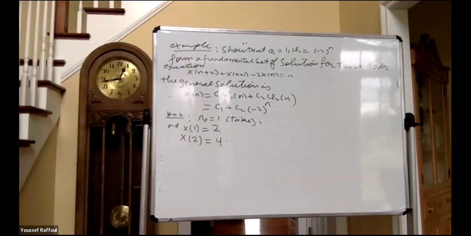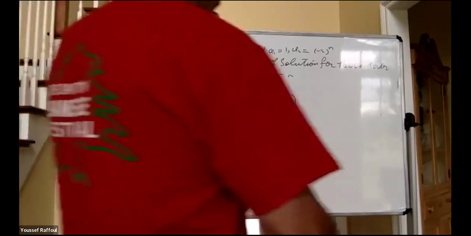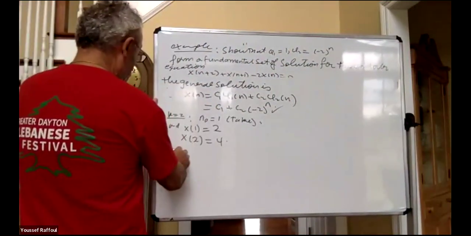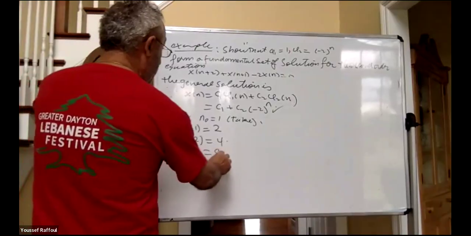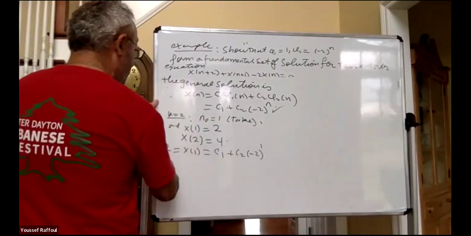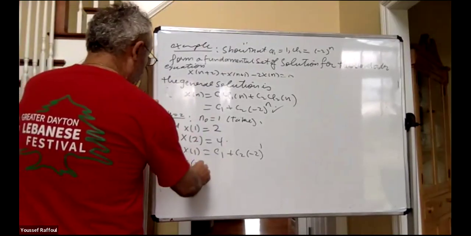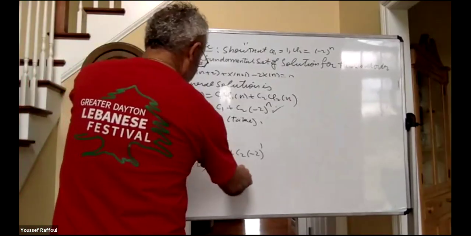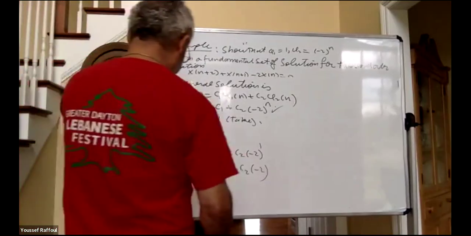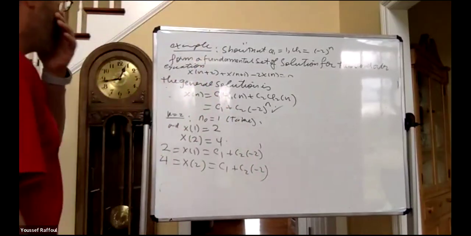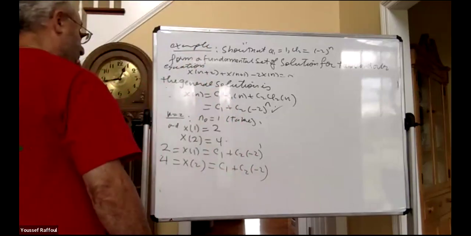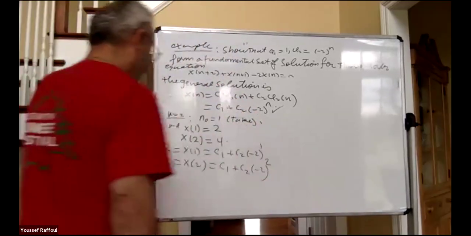So we need to find C1 and C2. So let's use this one. We have 2 equal x of 1, that is C1 plus C2 times minus 2 to power 1, and 4 equal x of 2 equals C1 plus C2 times minus 2 to power 2, all right?